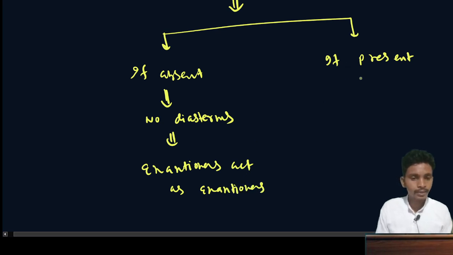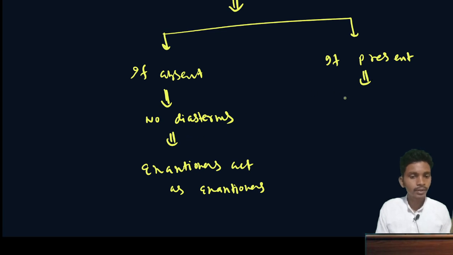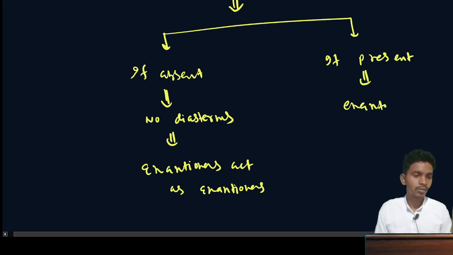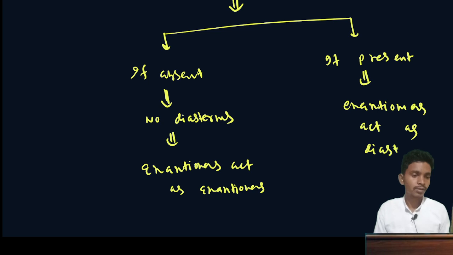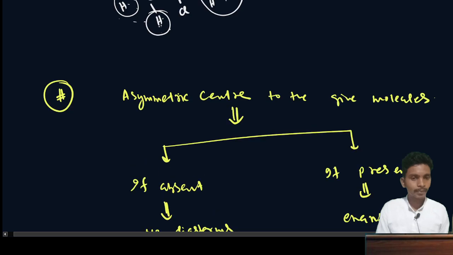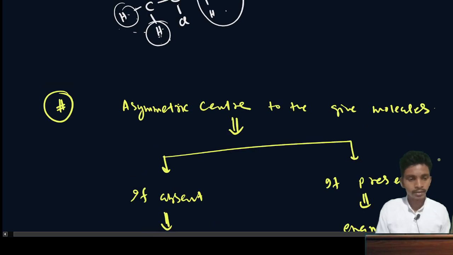And if an asymmetric center is present, then all enantiomers act as diastereomers, but it is not affected by the asymmetric center on the basis of the molecules.